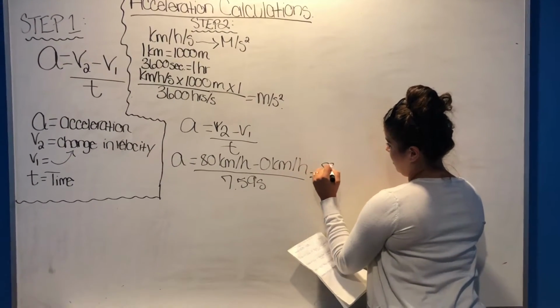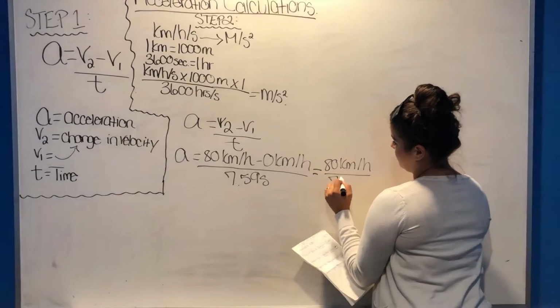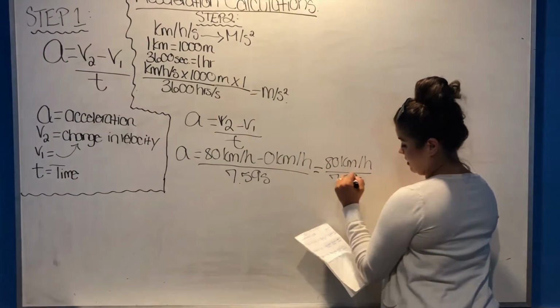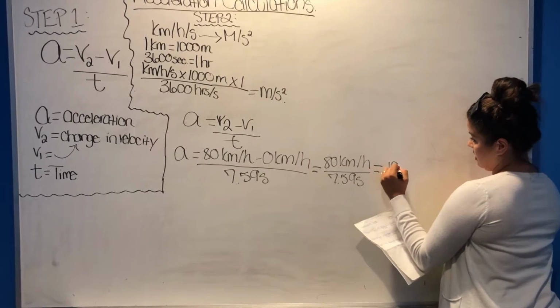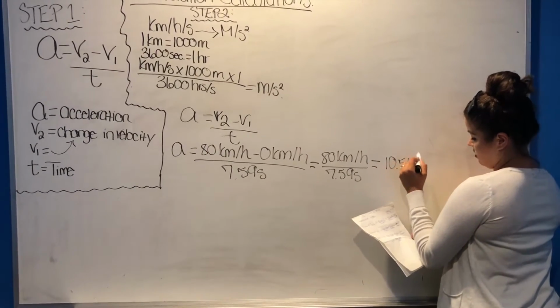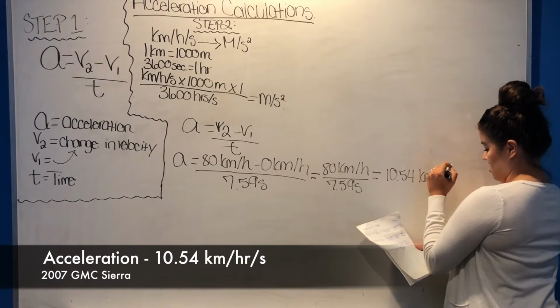So A equals 80 kilometers per hour divided by 7.59 seconds, which gives us 10.54 kilometers per hour per second.